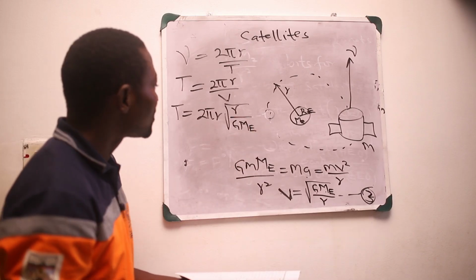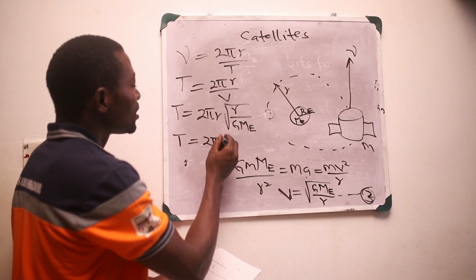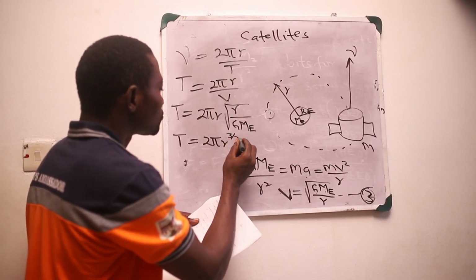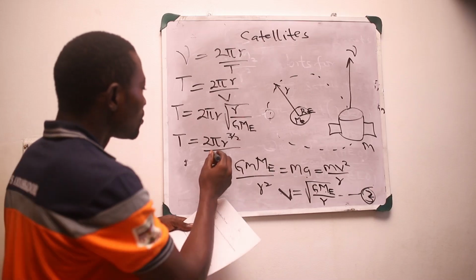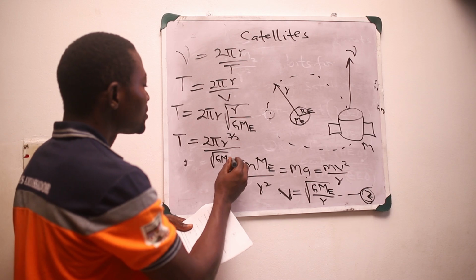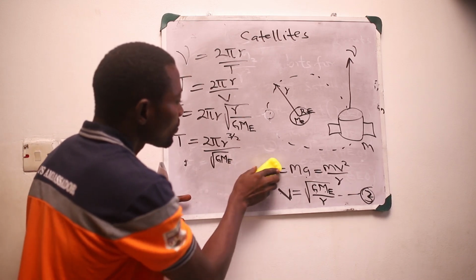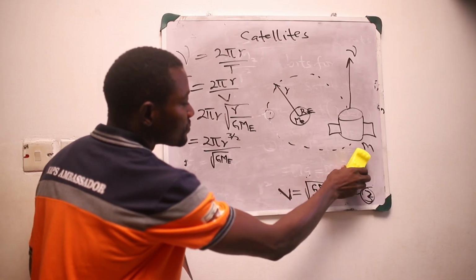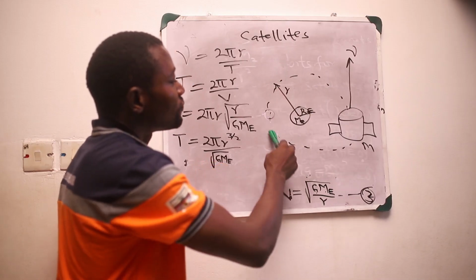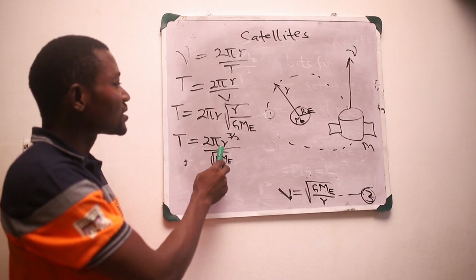Then this can be simplified further, and we have 2 pi r to the power 3 over 2, all over the square root of G M e. So we use this expression to calculate the velocity of a satellite moving in a circular orbit, and also the period of the satellite.